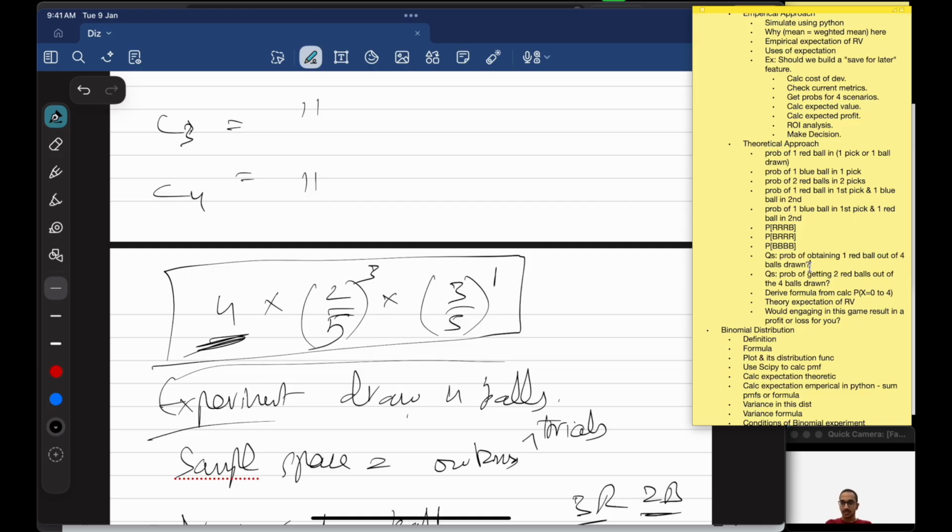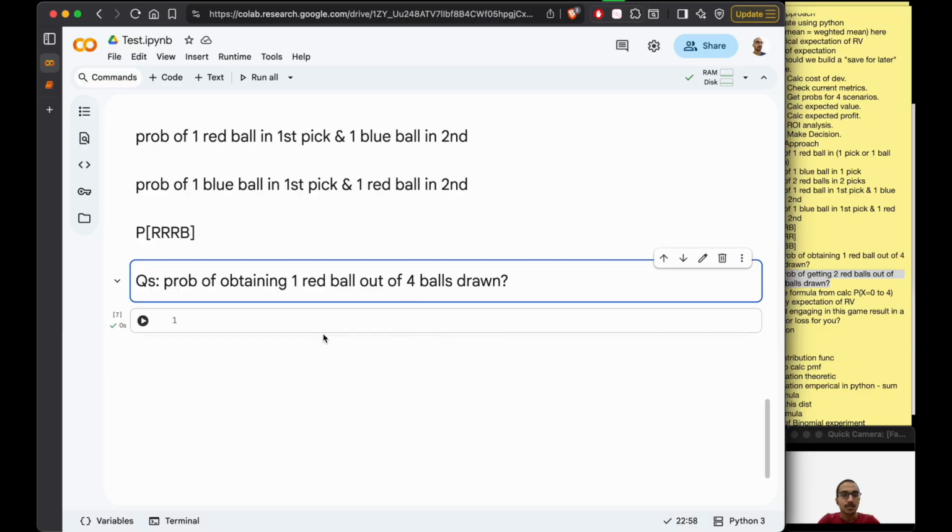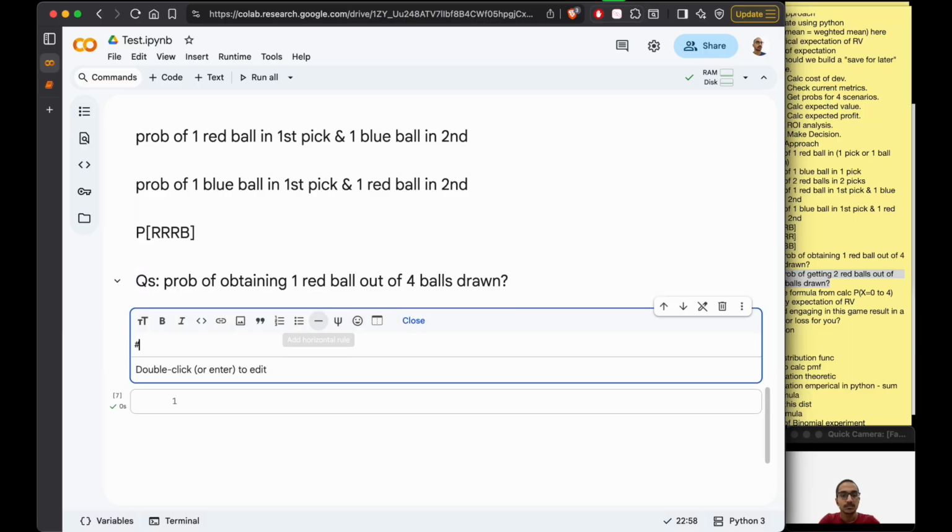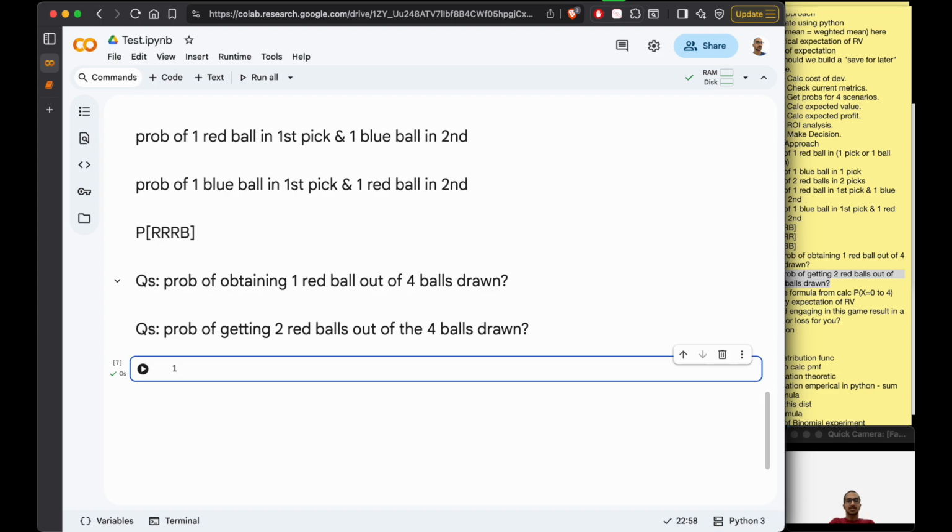Now let's look at the second one, which is: what is the probability of getting 2 red balls out of 4 balls drawn? Now they are asking 2 red balls. So if we look at the combinations, that will increase to 4C2, right? What is 4C2? 4 factorial over 2 factorial times (4 minus 2) factorial, so that is 4 into 3 into 2 factorial.